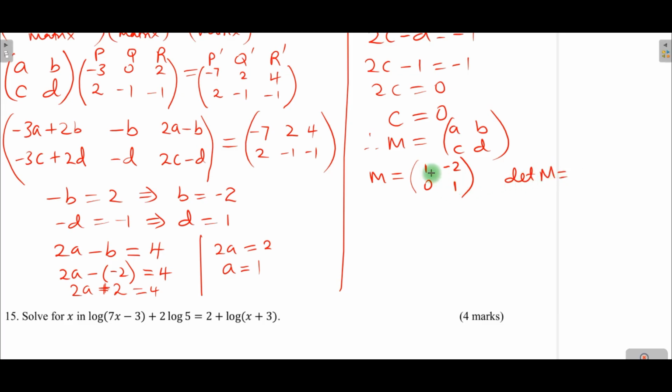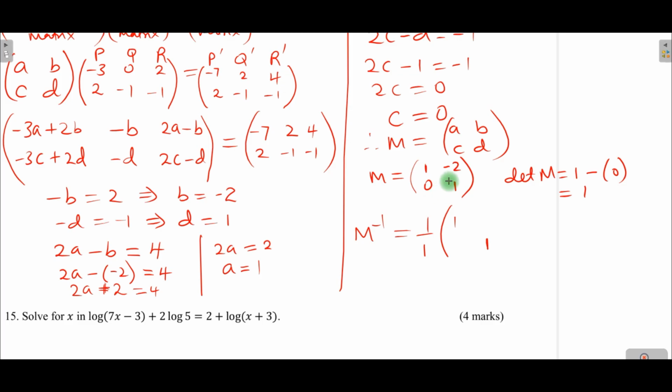So multiply the elements in the main diagonal: 1 times 1 is 1, then minus the elements in the other diagonal, which is 0 times minus 2, and therefore we get 1. Therefore, the inverse of this matrix is 1 over the determinant 1. Then interchange the elements in the main diagonal, so still that will be 1.